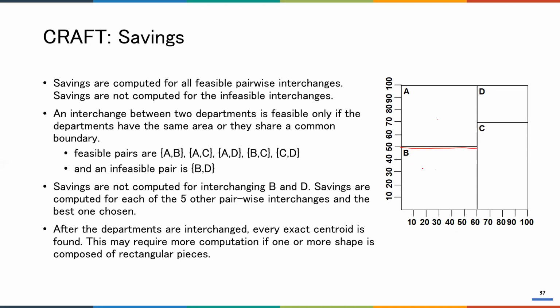So A and B can be exchanged, A and D can be exchanged, A and C, because they are adjacent, can be exchanged, C and D can be exchanged, and B and C can be exchanged. Because B and D are not adjacent, we are not going to compute the interchange between B and D. Then we compute all feasible pairs, which are AB, AC, AD, BC, and CD.